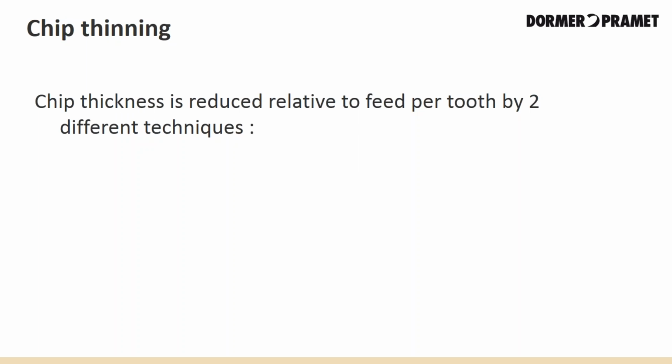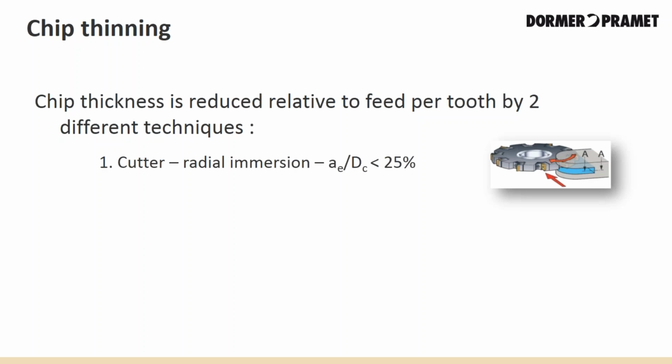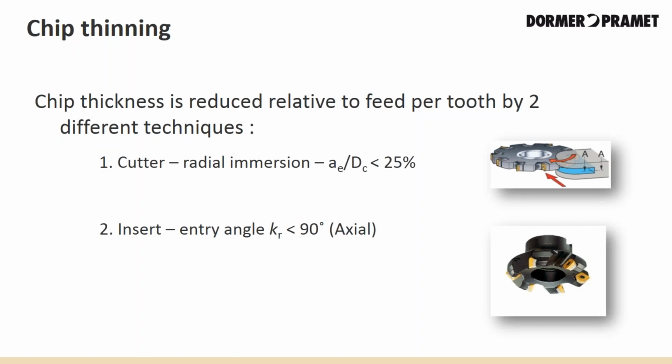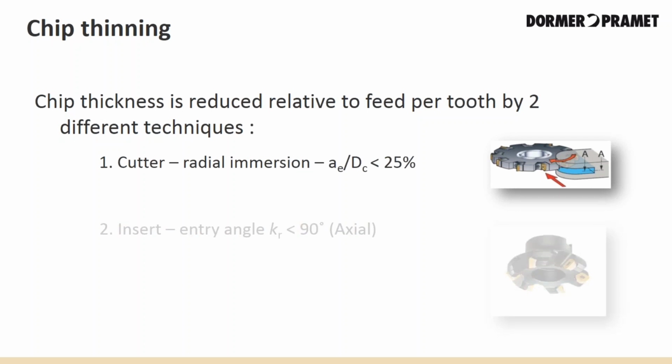So chip thickness is reduced relative to feed per tooth by two different techniques. There's cutter radial immersion, and there's the insert entry angle. Let's look at the first one, which is radial immersion. Table feed is calculated using feed per tooth.